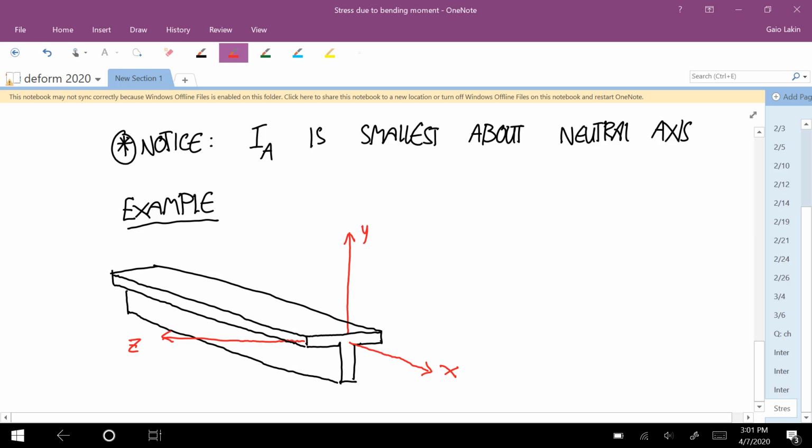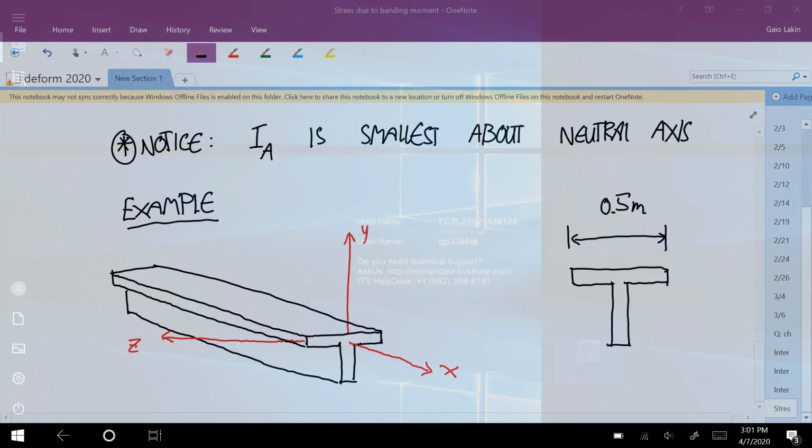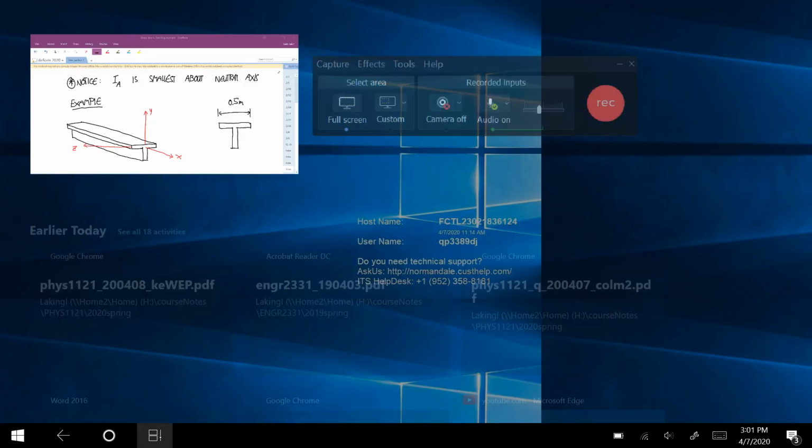And for the cross section, let's say we have the dimensions, let's say this is 0.5 meters. And let's say this is 0.5 meters.